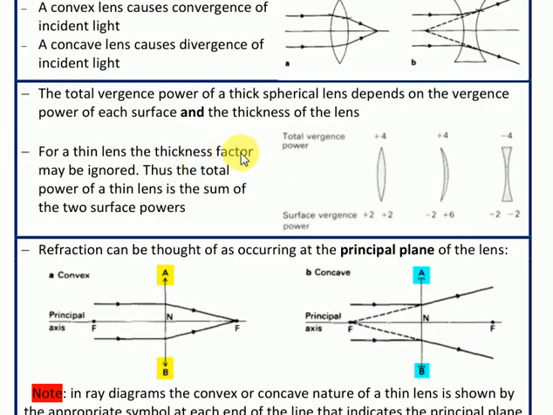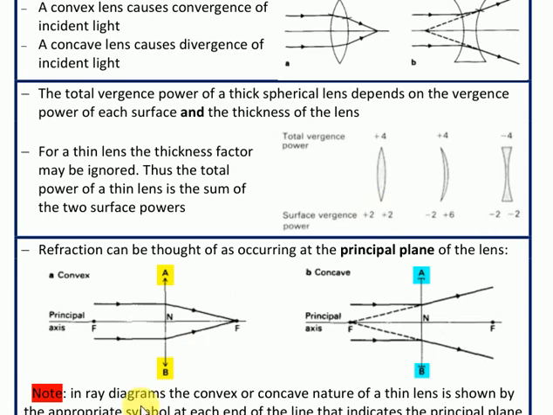Most of the lenses used in ophthalmology are thin lenses, and for a thin lens the thickness factor may be ignored. And the total power of a thin lens is the sum of the two surface powers. As shown in these figures, the total power of a thin lens is the sum of the two surface powers.